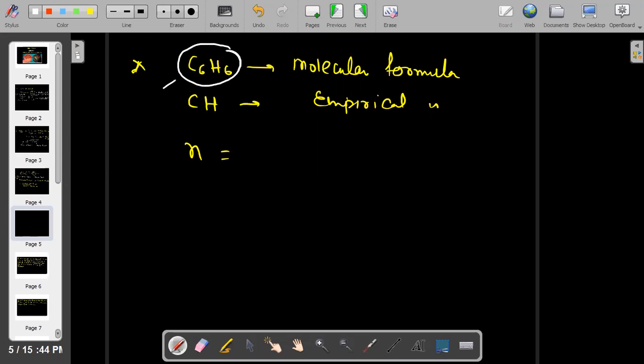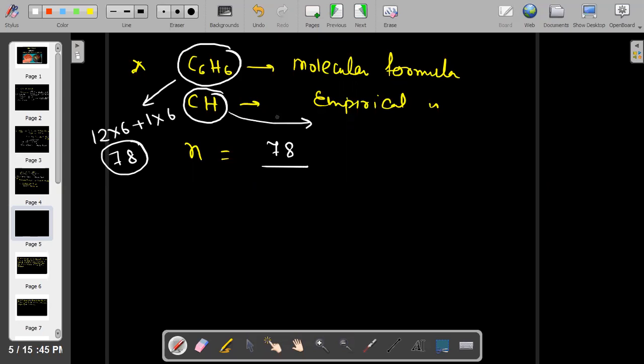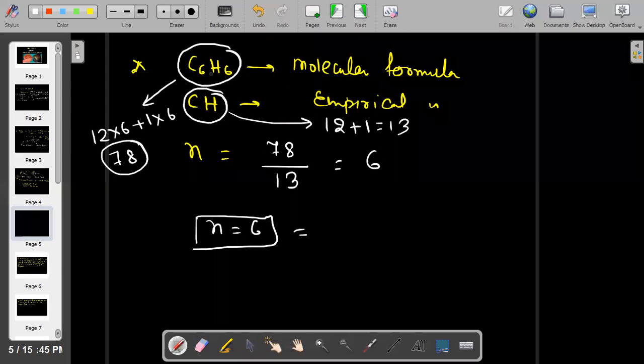Molecular formula mass of C6H6: carbon 6 times, so 12 into 6, hydrogen 1 into 6, so 78. Empirical formula mass is 12 plus 1, that is equal to 13. 78 divided by 13 is equal to 6. So N is equal to 6. Suppose in the question N is not given, then what will you do? Molecular formula mass divided by empirical formula mass.